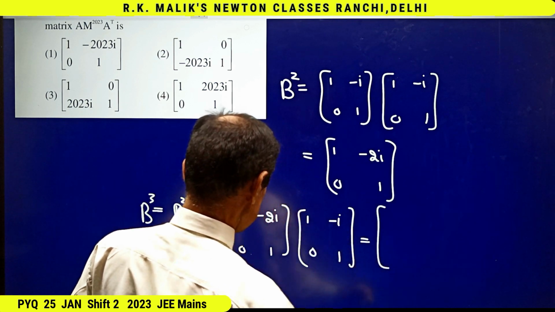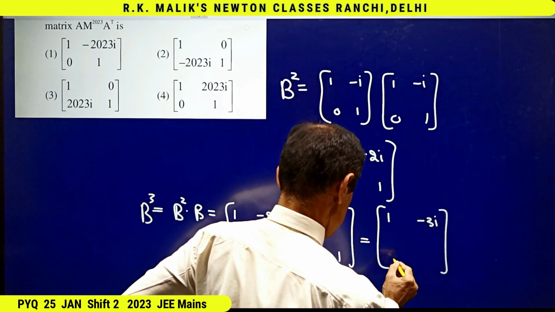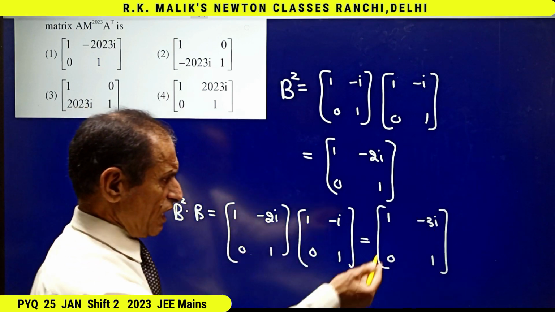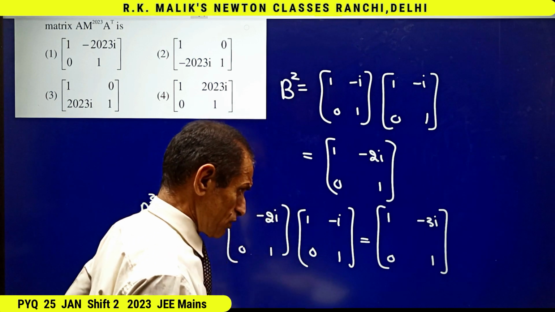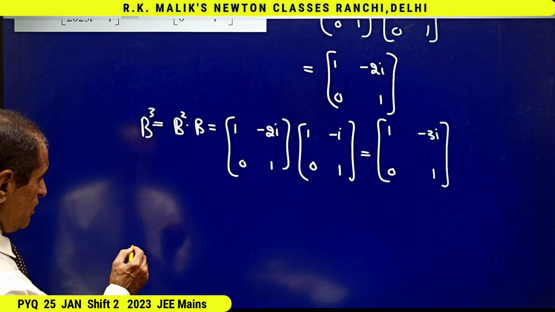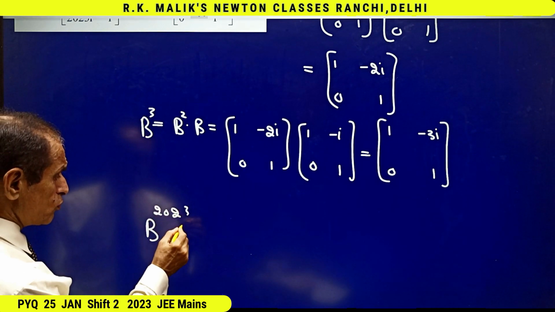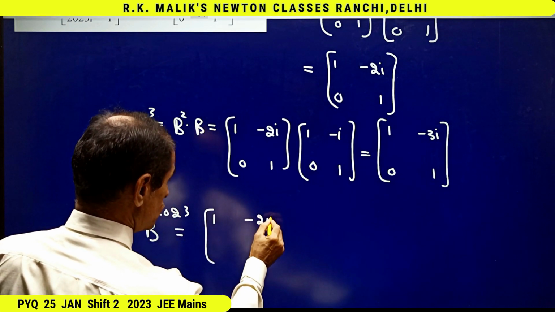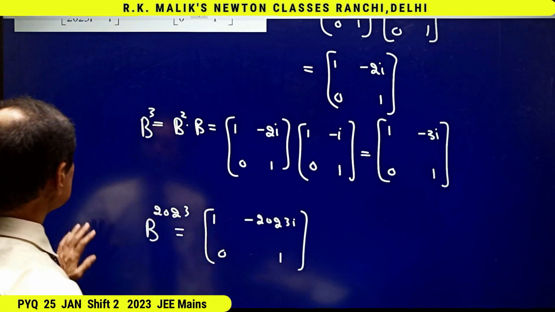This is equal to 1 minus 3i, 0 1. You can see very easily that in every next step this will increase by minus iota. It's not difficult to see and it is obvious. In this way, clearly B to the power 2023 will be 1 minus 2023 iota, 0 1.